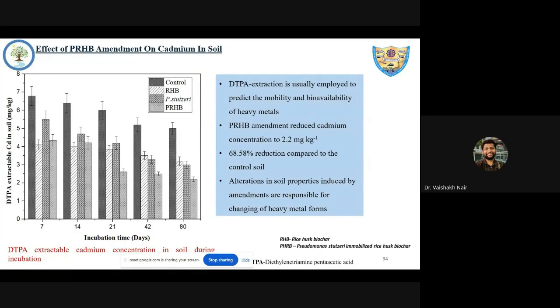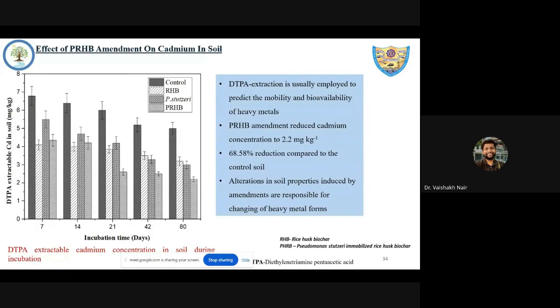We have used all standard methods, and we were able to see that if a soil which is basically having the cadmium, initially around 10 milligrams per kg of soil, after 7 days, it reduces to 4.25.